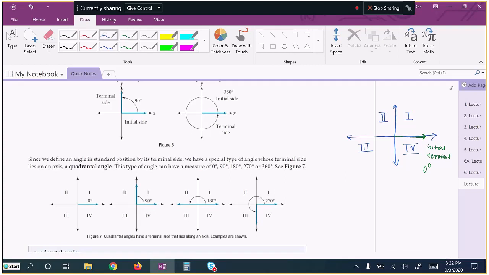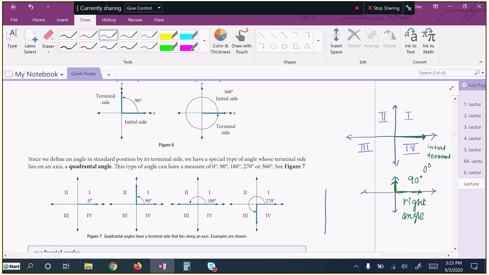An angle that has the initial side in the standard position, coincident with the positive direction of the x-axis, and the terminal side coincident with the positive direction of the y-axis, is 1/4 of the entire circular rotation, and it is denoted by the angular measure of 90 degrees and called a right angle. This is our second quadrant angle.